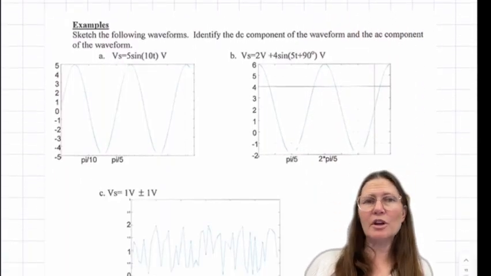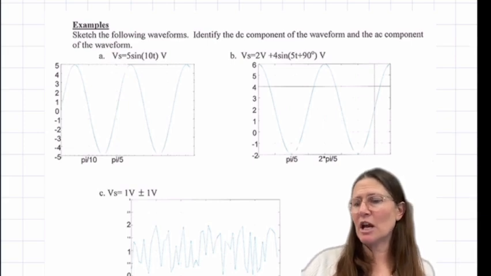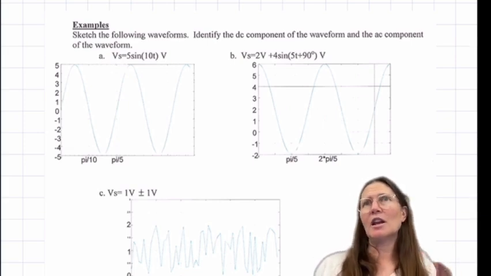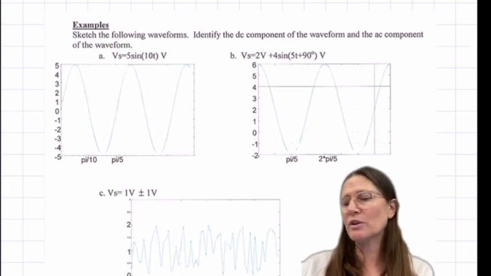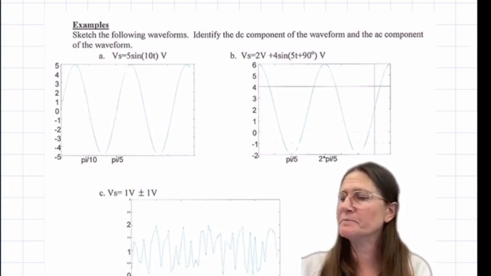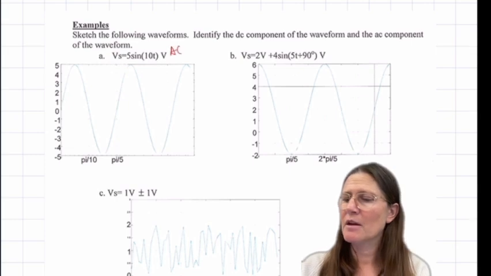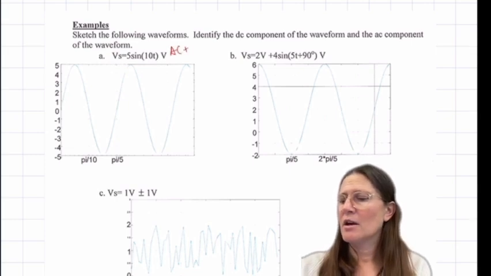Okay, the other thing about signals that you need to understand is that now we can have both types of signals. So this is an AC only signal. And your DC here would be equal to 0.